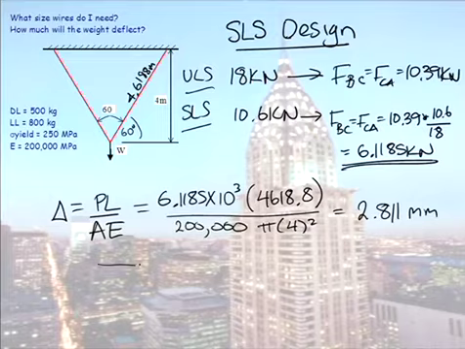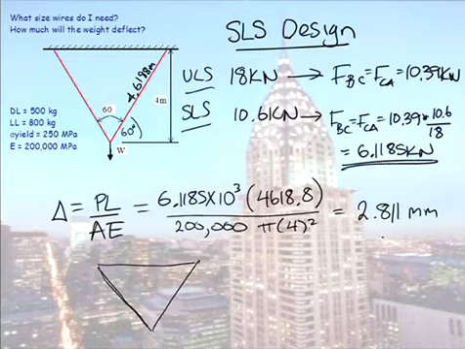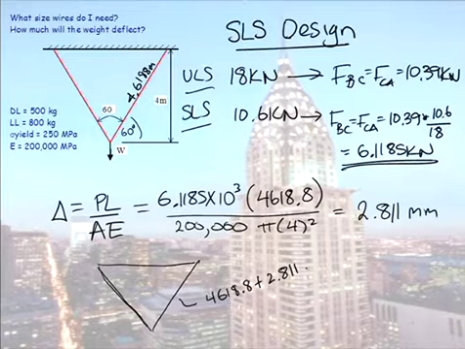Now from geometry, that doesn't tell me the vertical drop. That tells me how much my cable is stretching. So my cable length now is its original length plus the amount it's stretched, 2.811, which gives me an overall length of 4621.